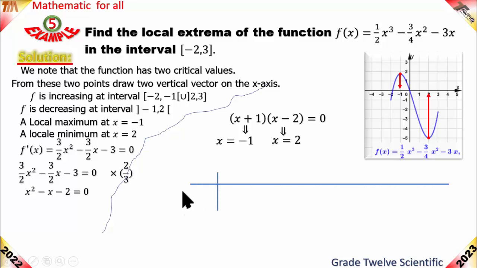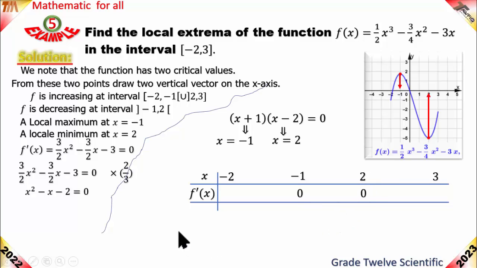And now drawing the table of values, x goes from minus infinity to infinity, and we have two critical points, -1 and 2. The value of f prime at -1 is 0, and at 2 is 0. To find the sign of f prime, take a number to the left of -1, and it becomes positive.